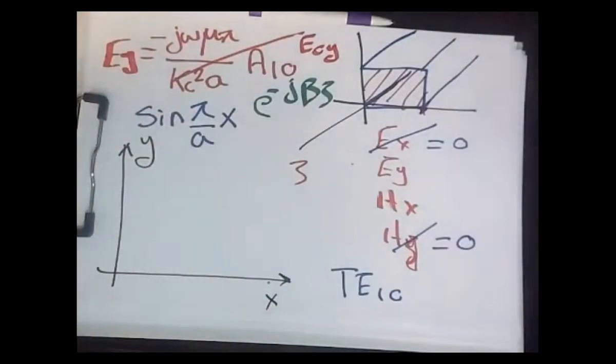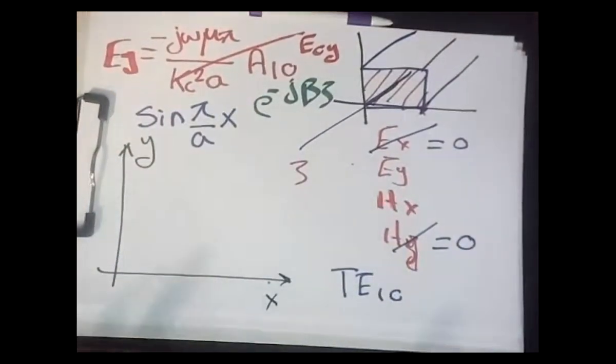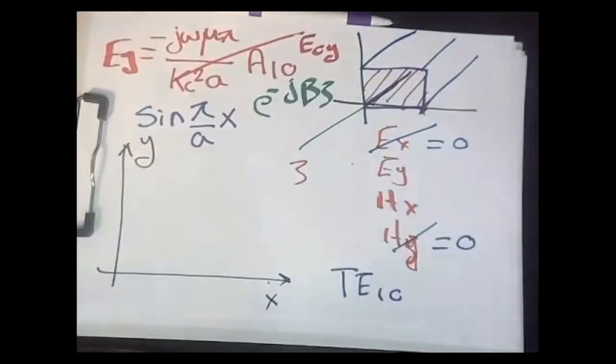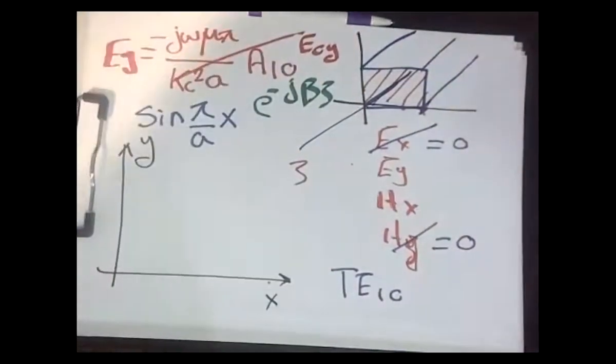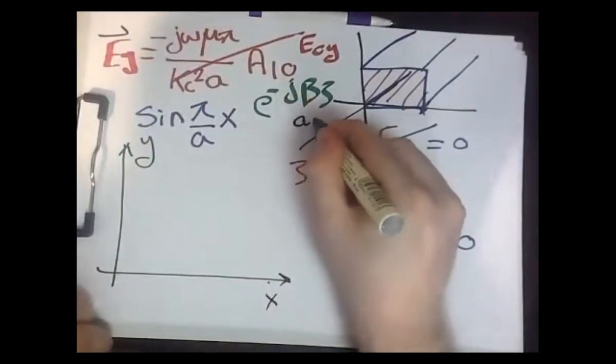Then the part in blue is a function of x, and the part in green is a function of z. And there is a very important thing I'm missing in this equation, which is the direction. This EY is a vector, so we have aY here.